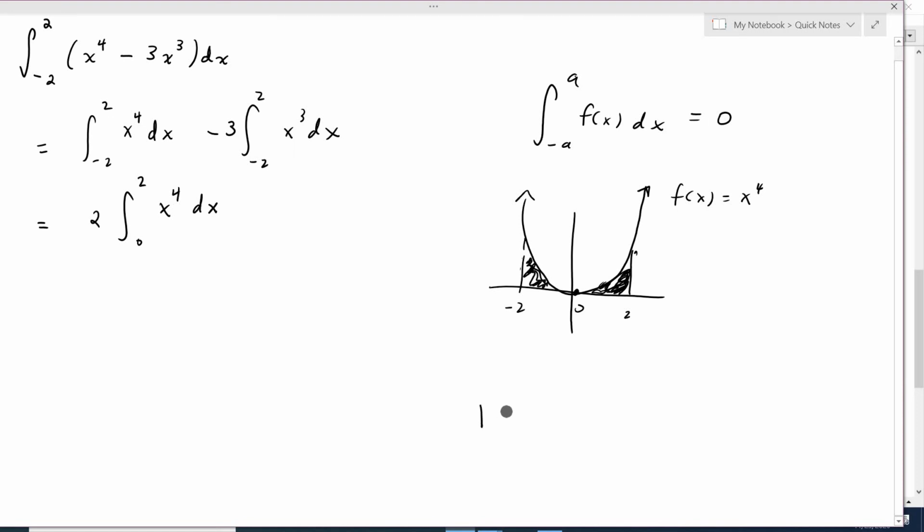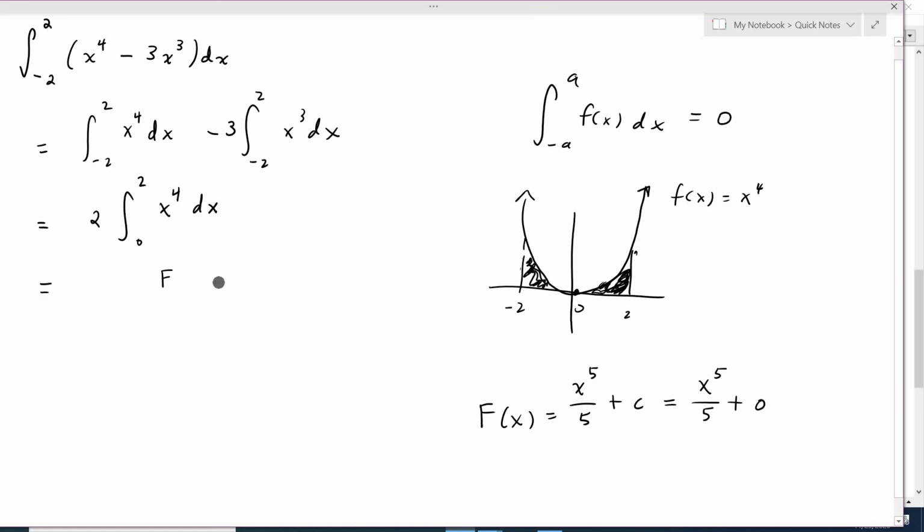Okay, so an antiderivative of this would be x to the fifth over 5 plus any constant. We just need any antiderivative, so the most convenient one would be when the constant's equal to 0. So let's just use that one.